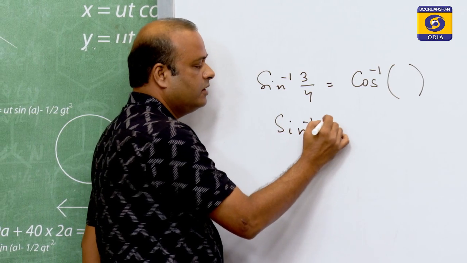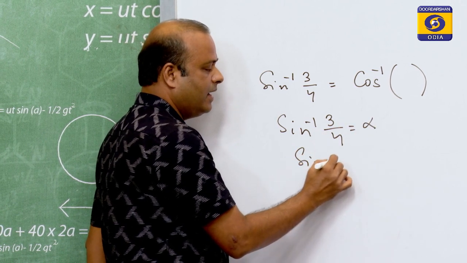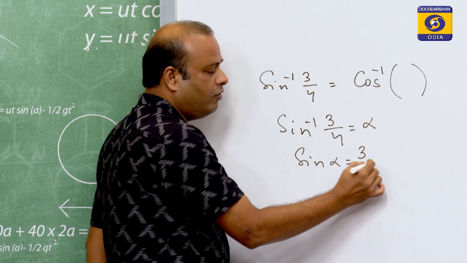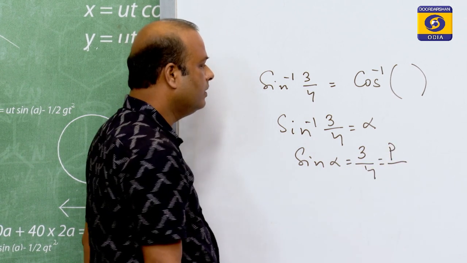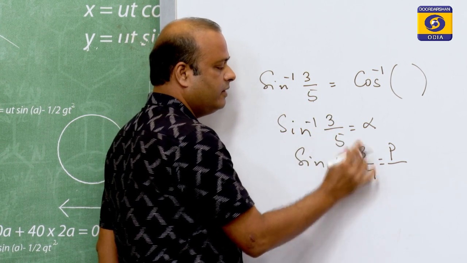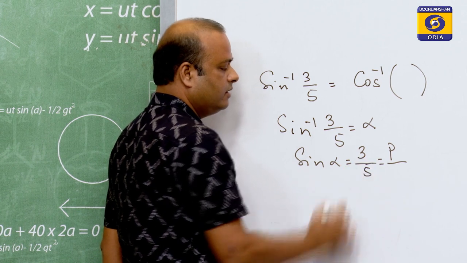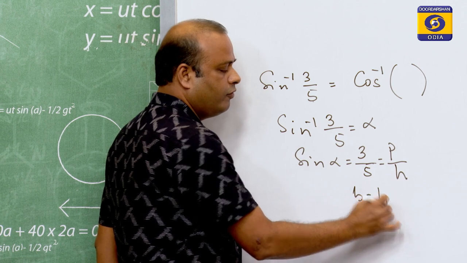Sin inverse 3 by 5 is equal to alpha, so sin alpha is equal to 3 by 5, that is p by h. Suppose h is 5, and p is 3, so b is equal to 4.